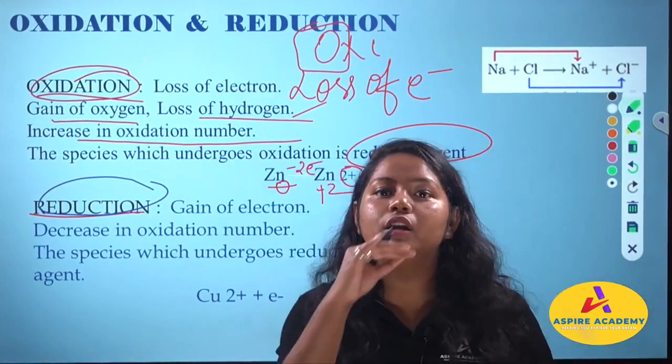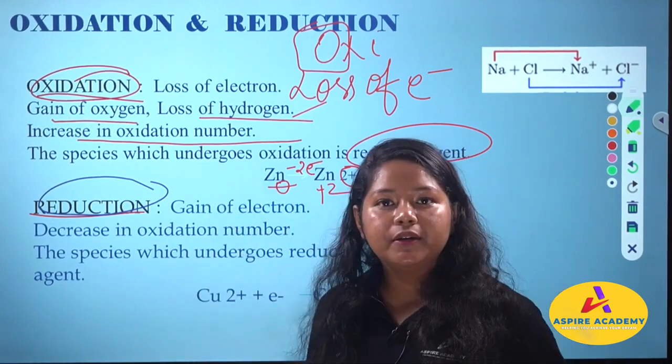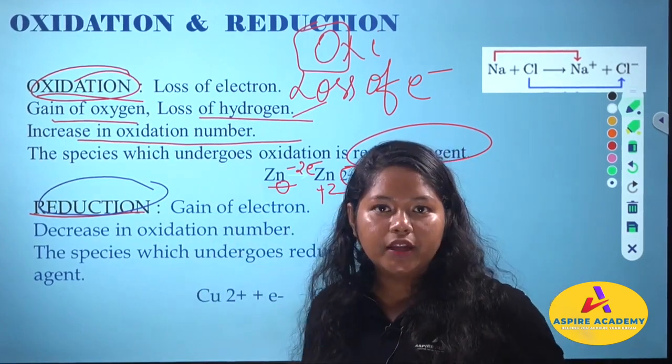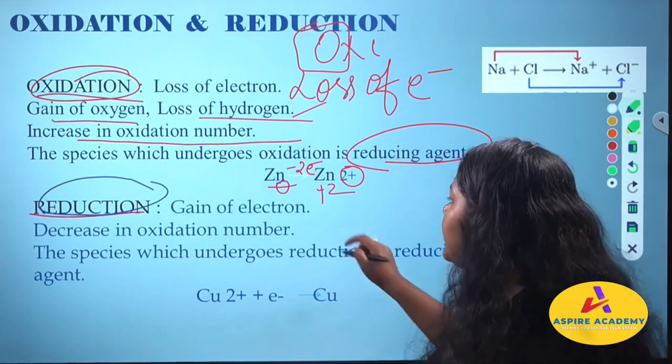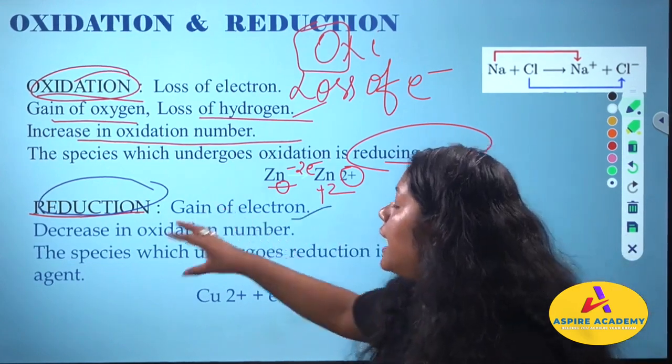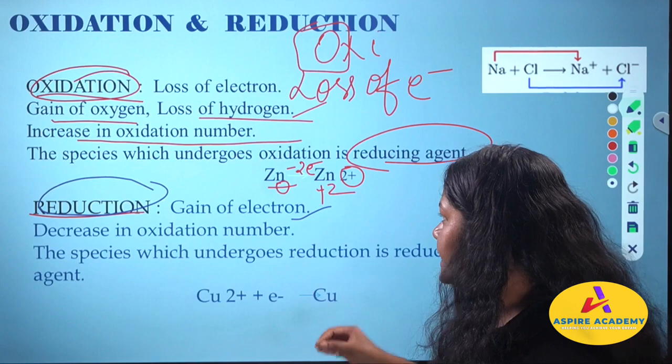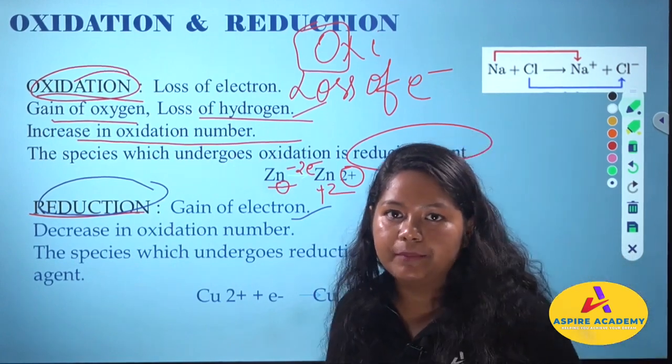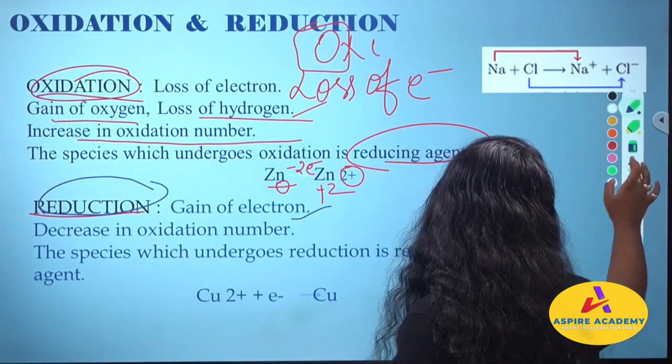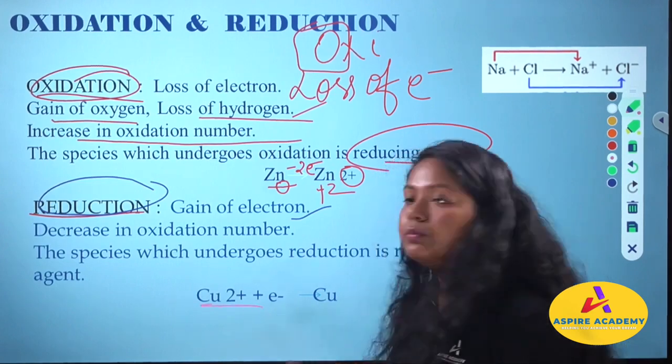In oxidation, if you are losing electrons, in reduction what will happen? Obviously there will be gain of electrons, right? When you are gaining electrons, there is a decrease in oxidation number. I have taken an example of copper 2+.